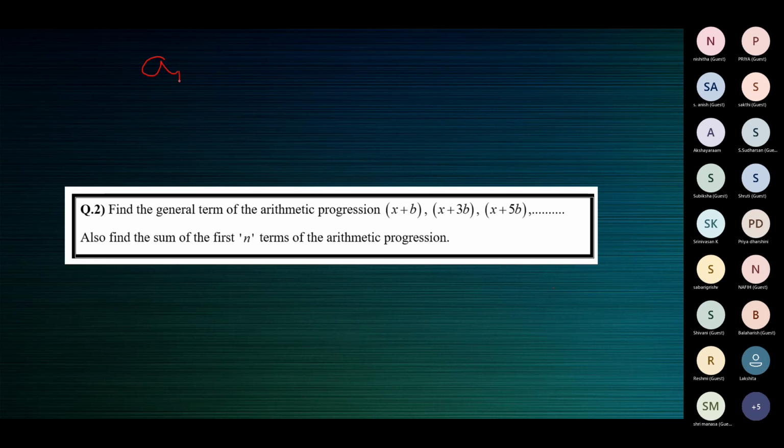So an is equal to a plus n minus 1 into d. Now n will remain n, because you're finding the general term of the AP. Which term? 10th term? No. 20th term? No. General term. N is n only.